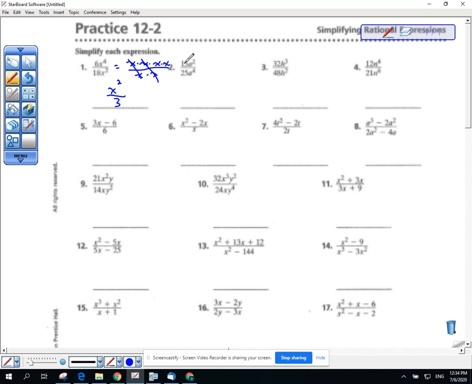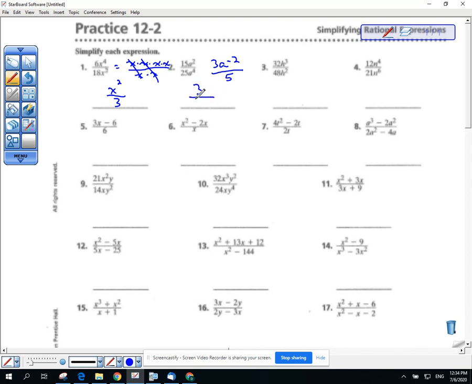Okay, on this one, 15/25 would reduce to 3/5. Here you'd have a to the 2 minus 4. So this would be like saying 3a to the negative 2 over 5, right? Except we learned in Chapter 8, you don't leave that negative, you move it and lose it. So that's actually going to be 3 over 5a squared. 3 is going to stay.